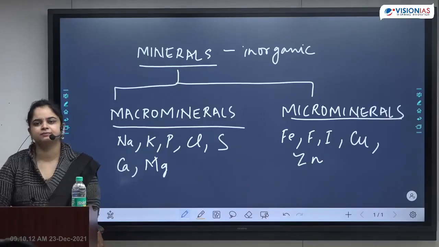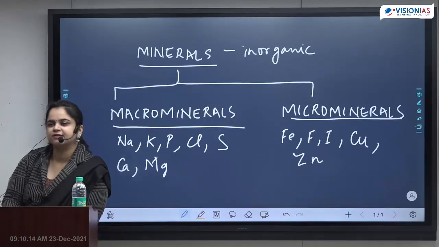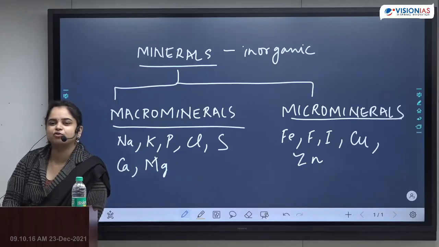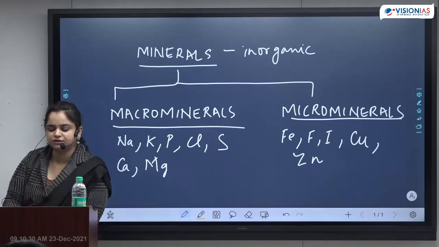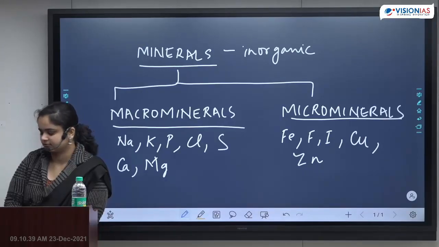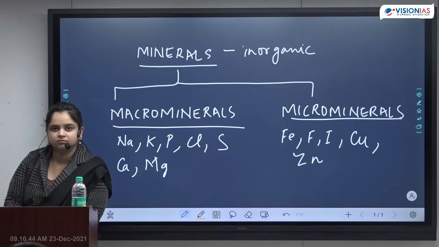Then sulfur. Sulfur is a part of which macronutrient? Protein. Yes, we spoke about that proteins can contain sulfur also. So that's where its deficiency will mainly reflect in the deficiency of proteins. So first you can write down the sources: onion, garlic, meat.